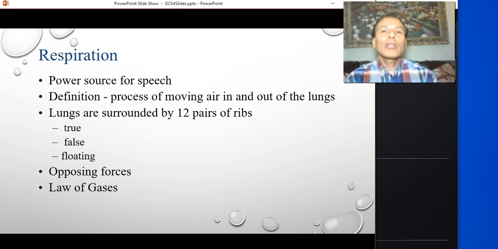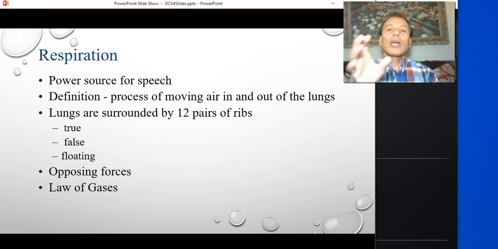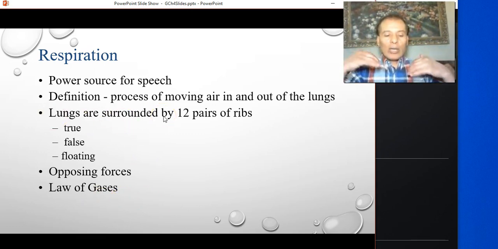So respiration is the process of bringing air into the lungs for the purpose of extracting oxygen and disposing of carbon dioxide. We get oxygen for our body to survive, and we expel carbon dioxide, which is a waste. In order for us to get air in, our lungs have to expand.